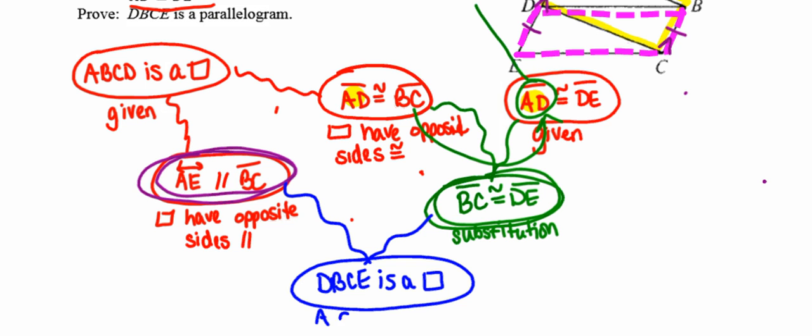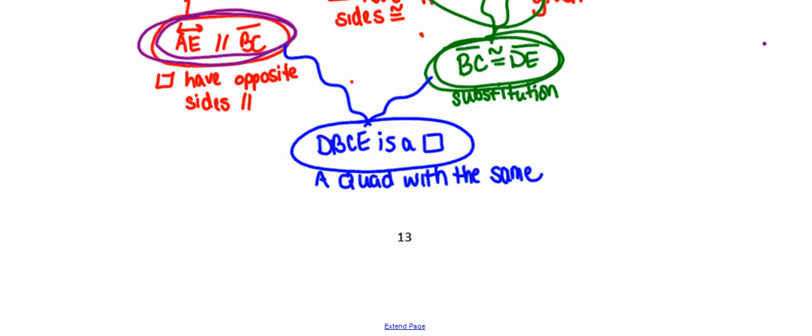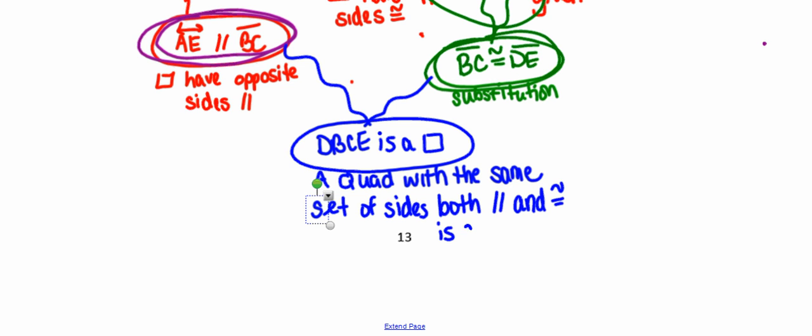And I'm just going to say a quadrilateral with the same set of sides, both parallel and congruent, has to be a parallelogram.